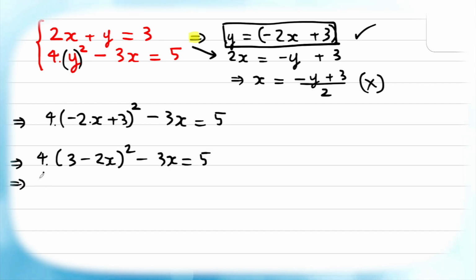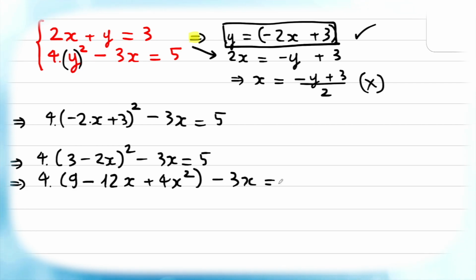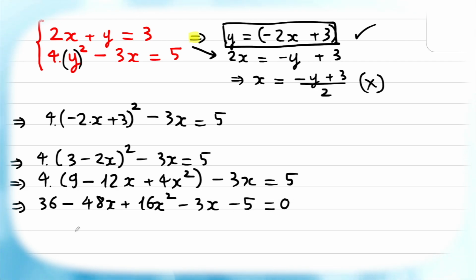Now we get 9 minus 12x plus 4x squared, and minus 3x equal to 5.